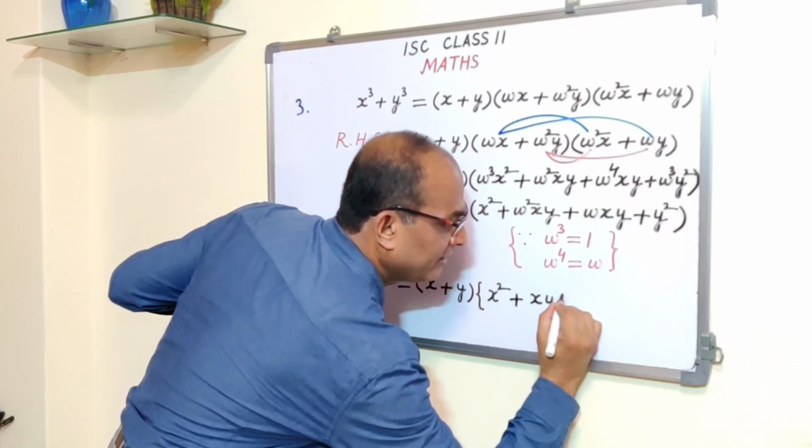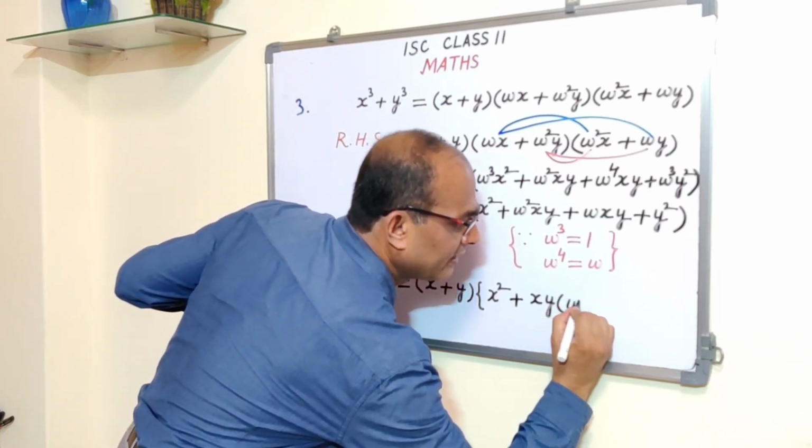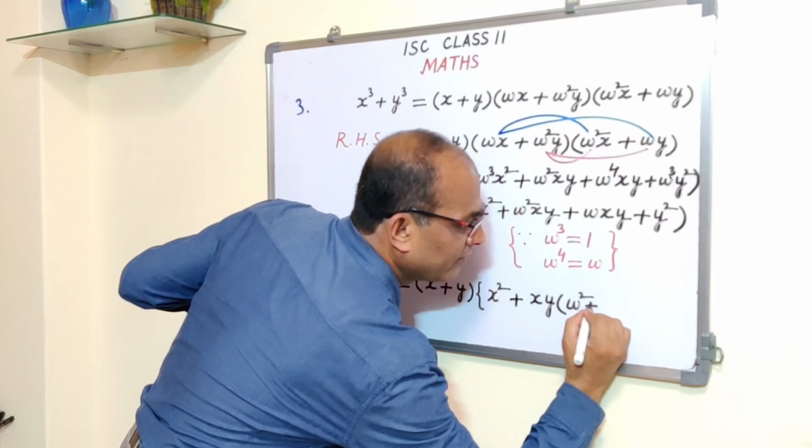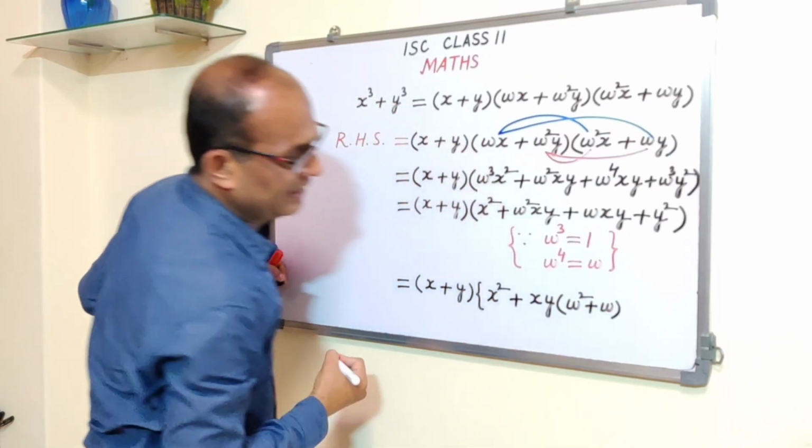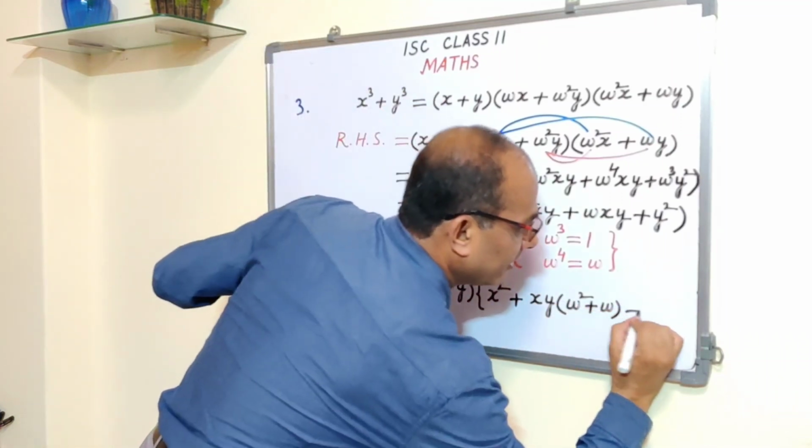So if we take plus xy common, within the bracket we get omega square plus omega, isn't it? Are we getting that? And plus y square.